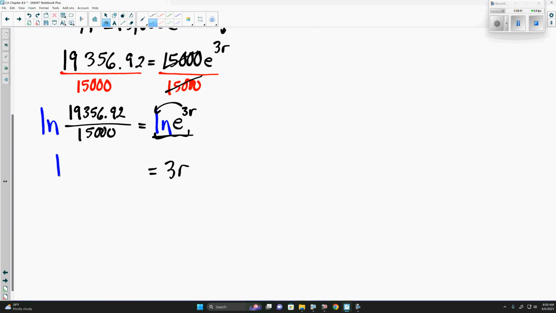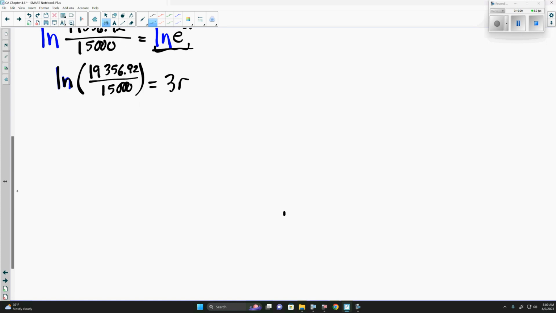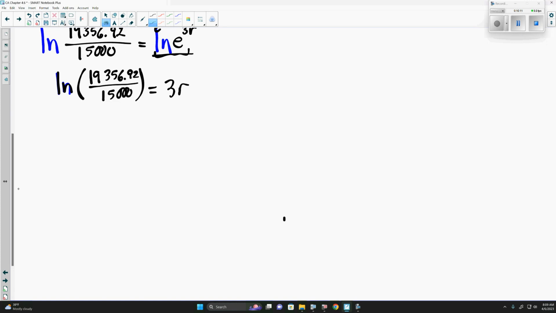The other side, we have the natural log of 19,356.92 over 15,000. If we know that our number inside the natural log is not going to be nice, we know for certain the natural log of that number is definitely not going to be a nice number.